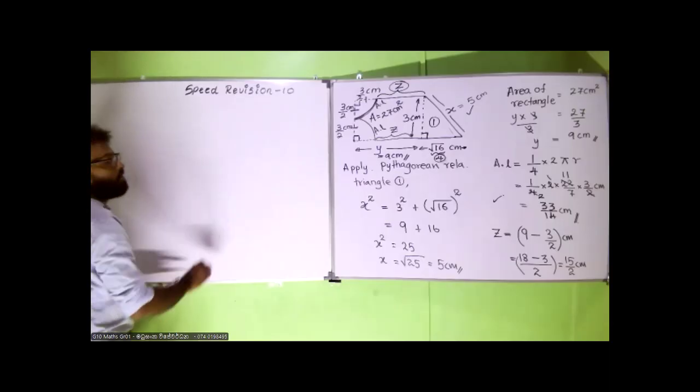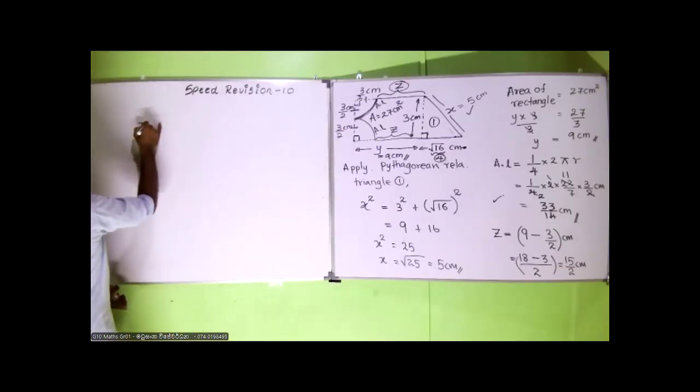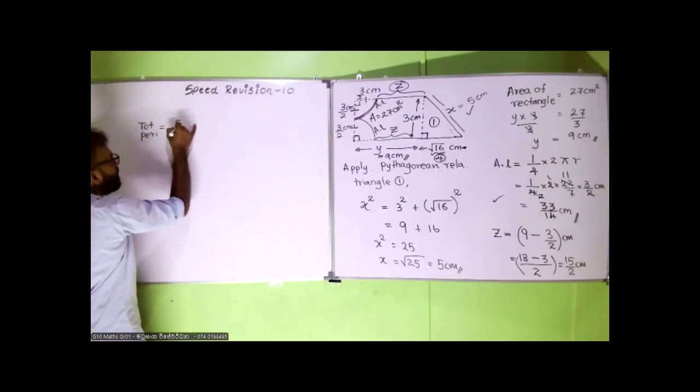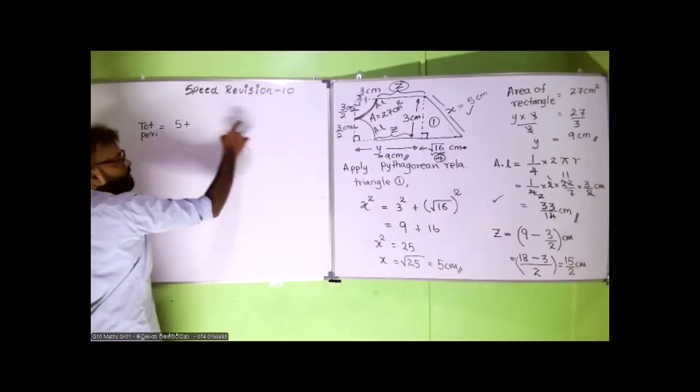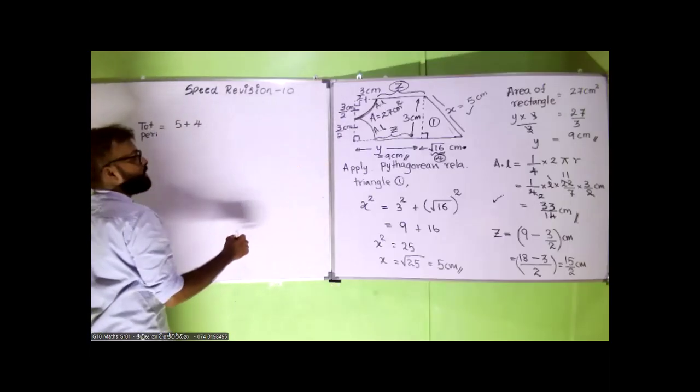Okay. So if you want to write the total perimeter of this figure, total perimeter equals, I will begin from 5. 5 plus square root of 16, you know that, that is 4.